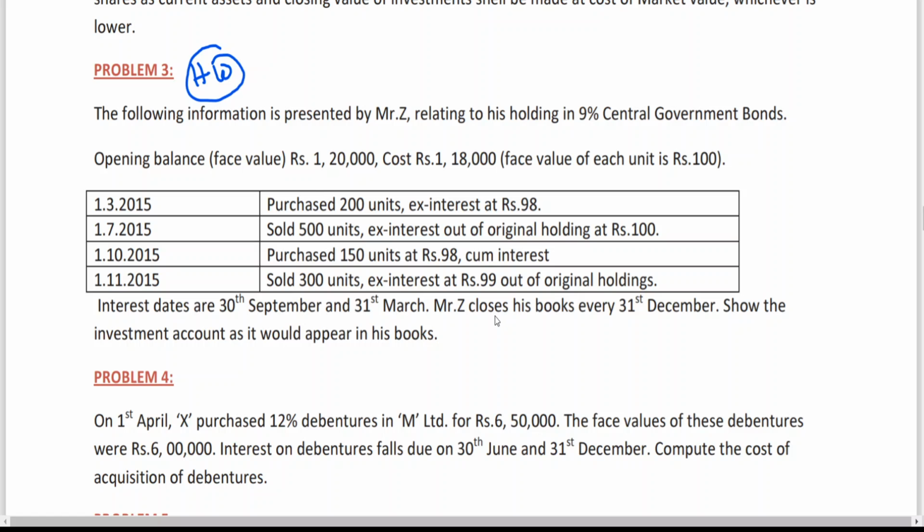Here I think the method has not been given. You can assume FIFO.